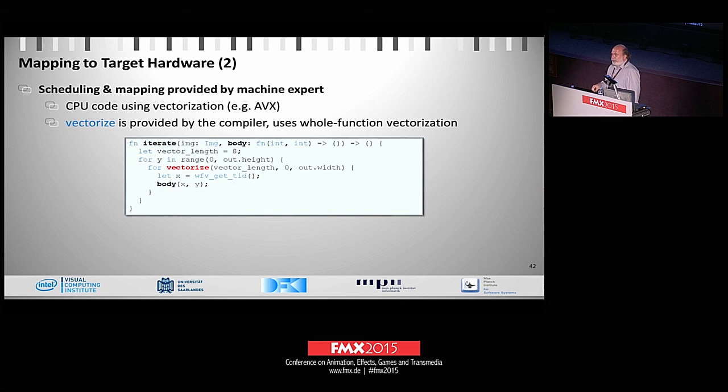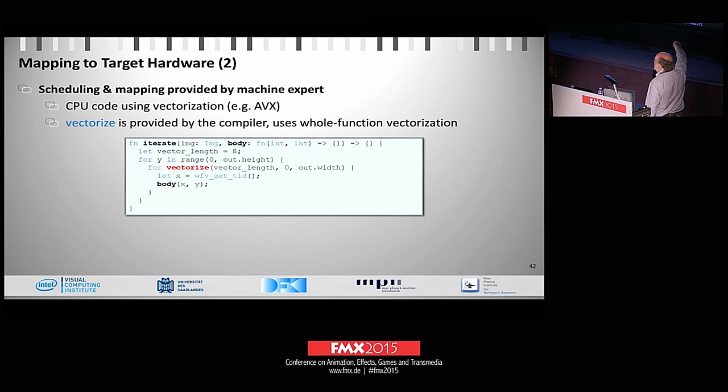So if you want to do vectorization, so if you want to do SIMD, in the past you had to implement all of the ugly SSE or AVX intrinsics. In this case, we actually implemented a vectorized function for you. So let's say here we iterate sequentially over the rows of the image, and we vectorize within a row, and you can simply tell the compiler, this is my vector length, and please vectorize the resulting code here in the parentheses.